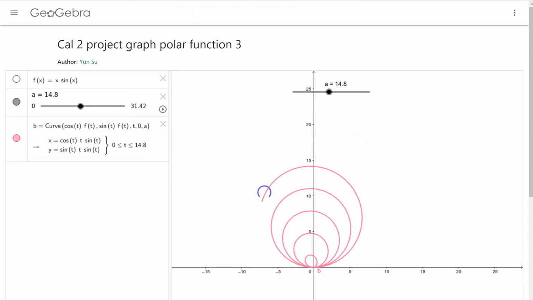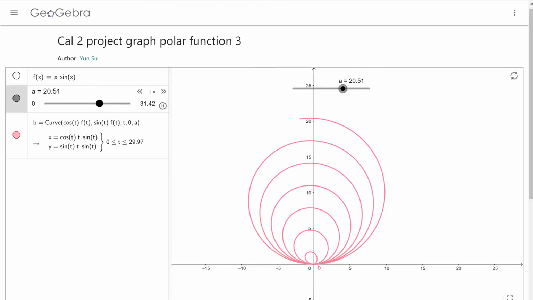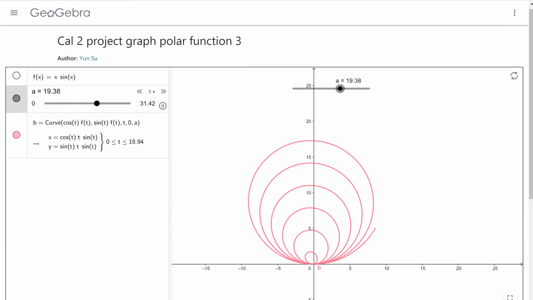Please be creative, and you can create more interesting pictures. You can see when it increases, it gets bigger and bigger. So we can generate very beautiful pictures.